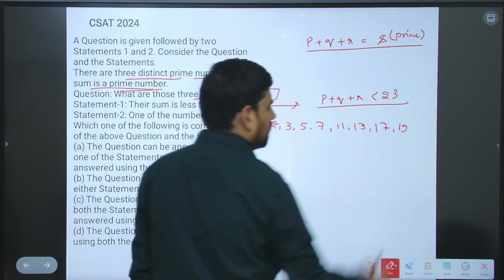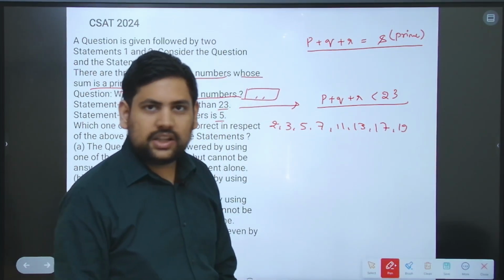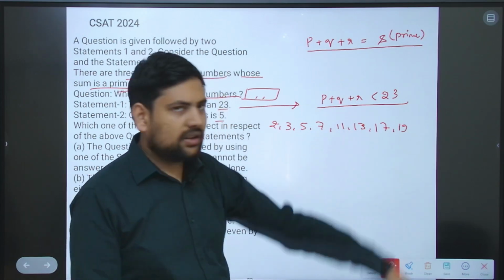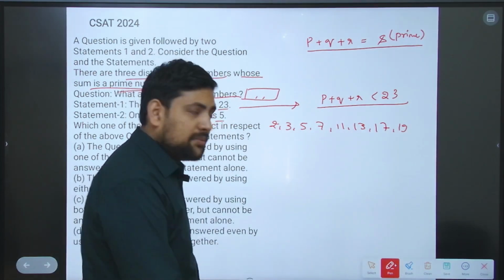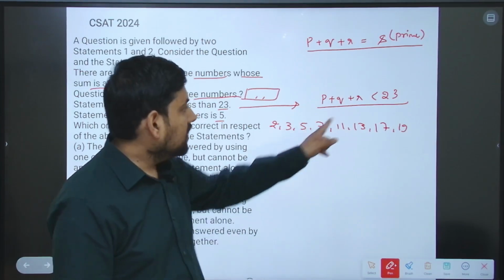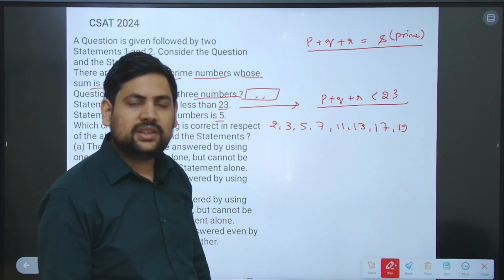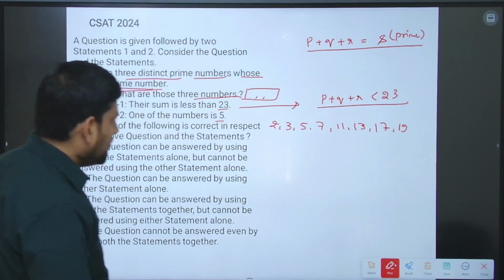Any more? No. 23 is not less than 23, and 21 is not a prime number. So these are the prime numbers. Now this sum also has to be a prime number, and it has to be less than 23.